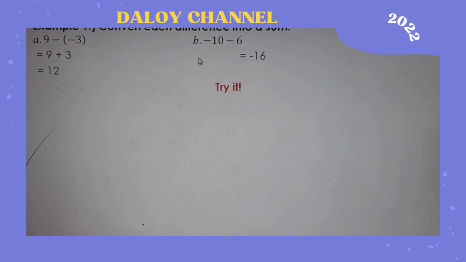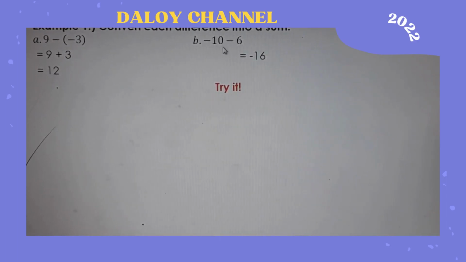Final answer is 12. For letter B, negative 10 minus 6. There is no need for you to change the sign of the subtrahend because the subtrahend is a positive value. So that positive 6 multiplied by negative still becomes negative 6.